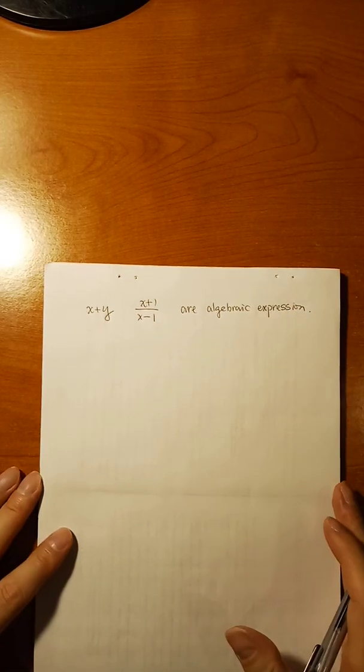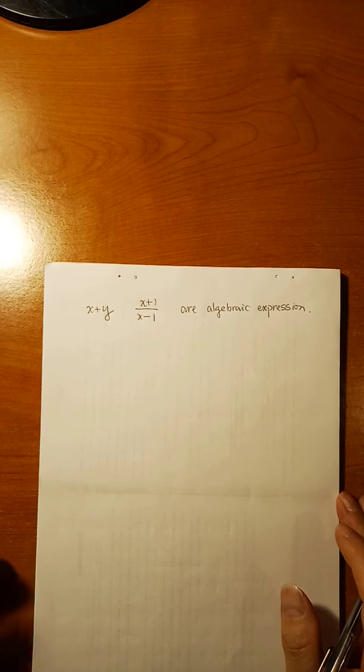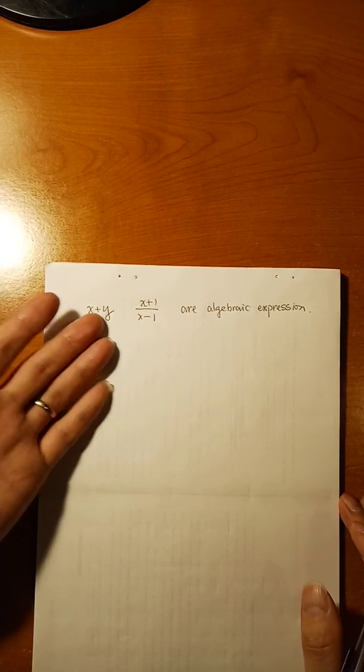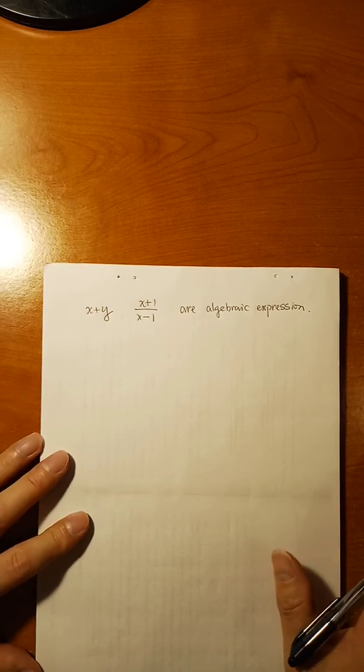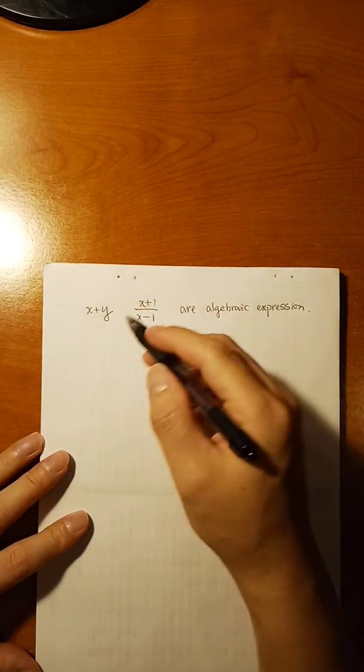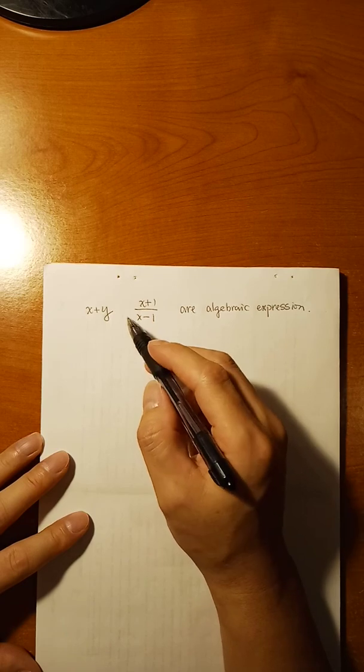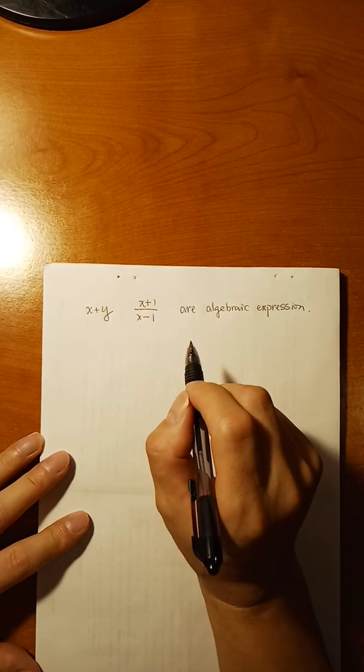They can represent a lot of values, because x can be 1, y can be 2, or x can be 100. And for an algebraic expression, sometimes we care about the value with a specific input.